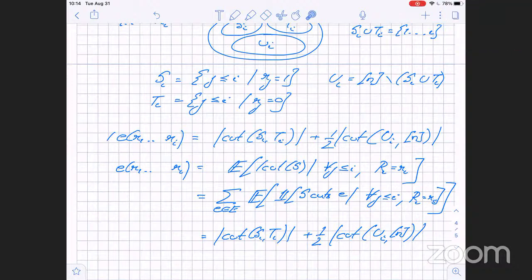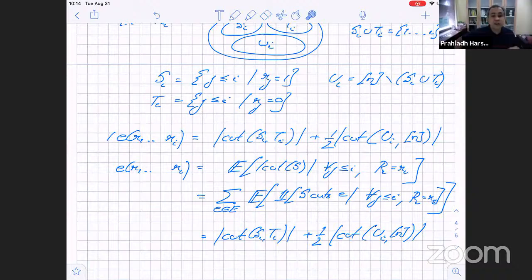Prahladh, maybe I got lost here. Okay, the cut SI TI is basically all the edges going from SI to TI. And UI, comma N, this is talking about edges where one vertex is still undecided in UI and the other vertex could be anywhere.